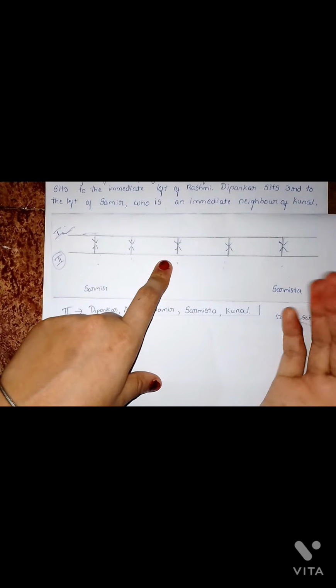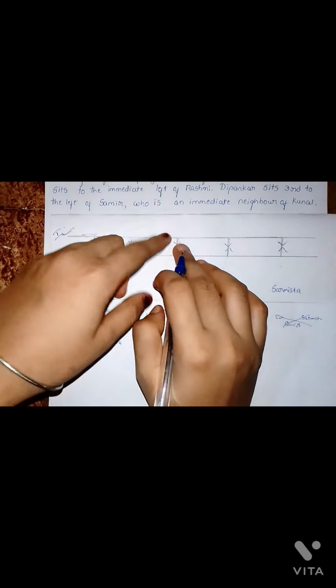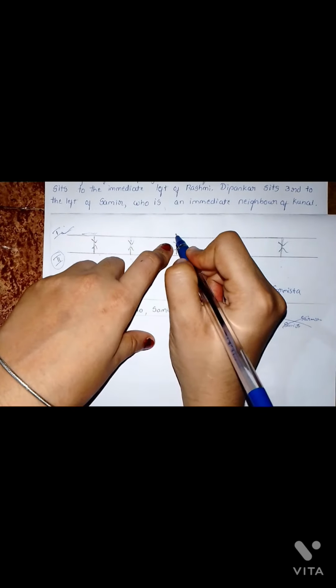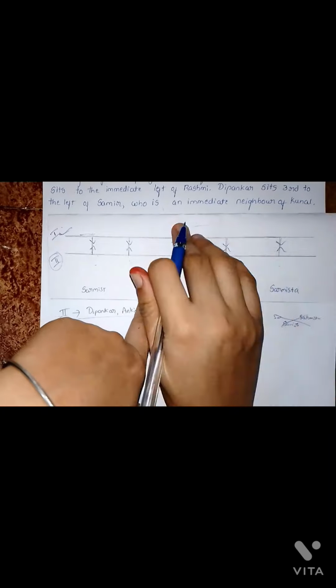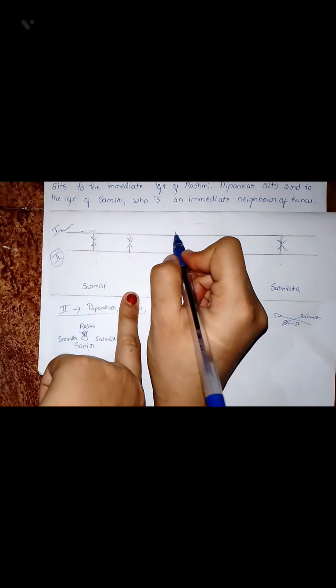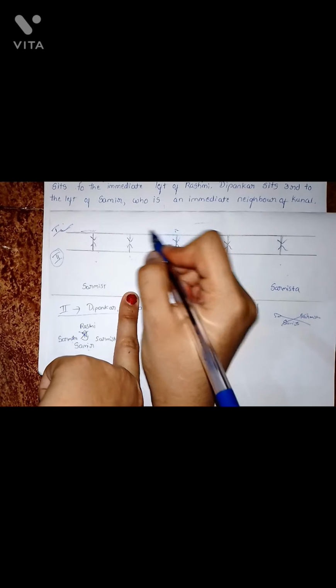Our right side is this, no. So for the person seated here in the first row, our right side is his left side, and our left side is his right side.